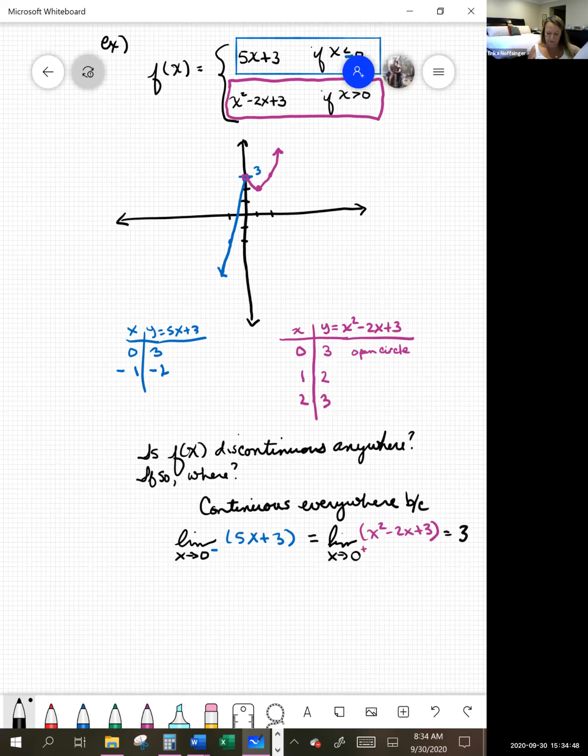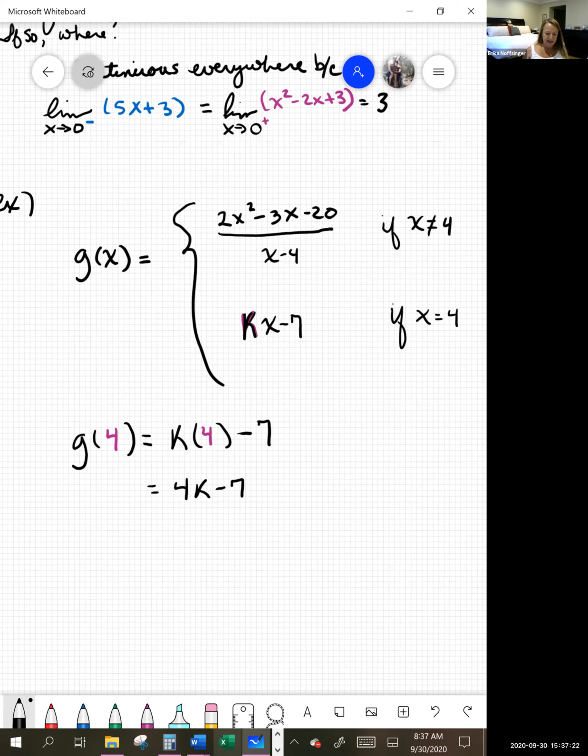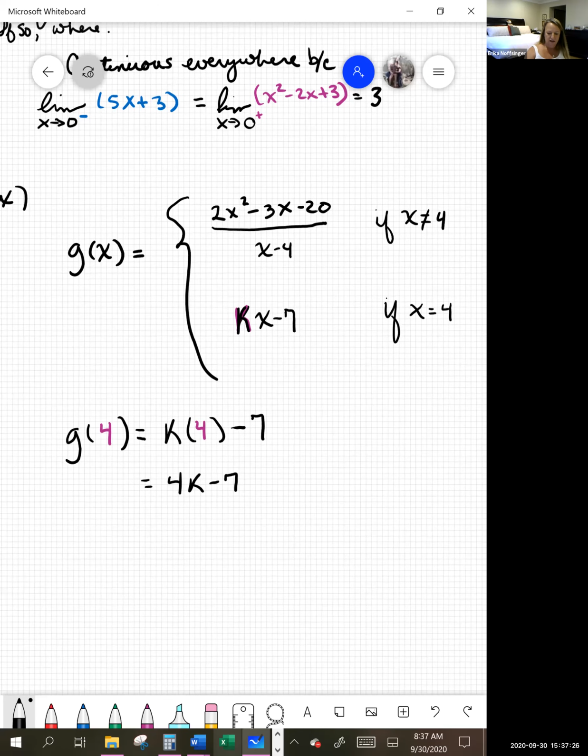So this is equal to 4k minus 7. This has to be the same thing as the limit as x approaches 4 on the left and the right of this in order for it to be continuous.